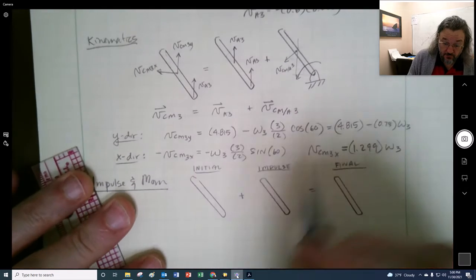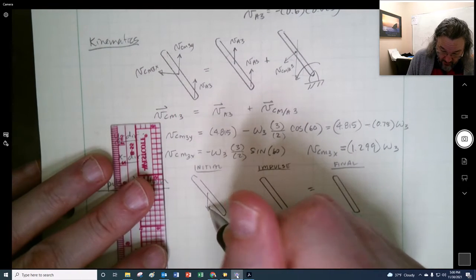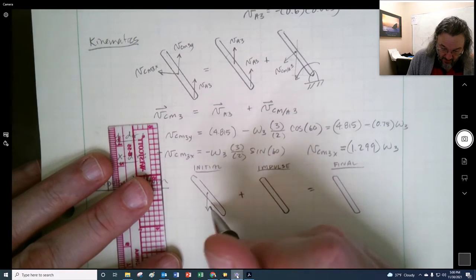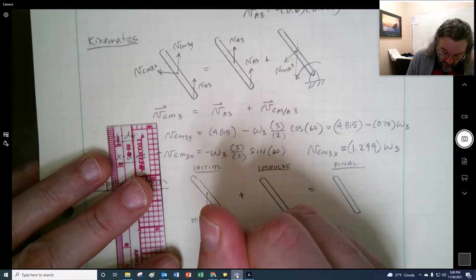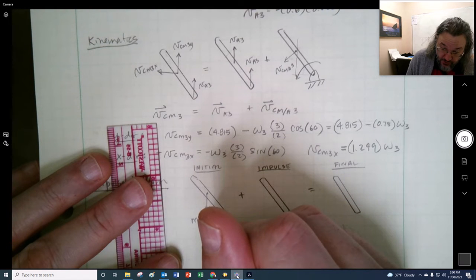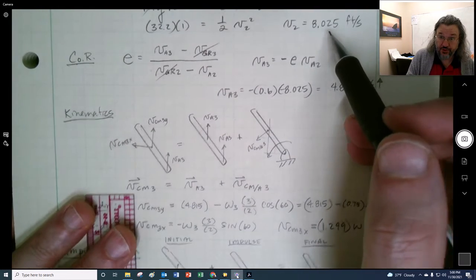Okay, so in here, the only thing we have for the initial is before the collision. This is MV, and I'll just call it MV2, right? And that's equal to 8.25.